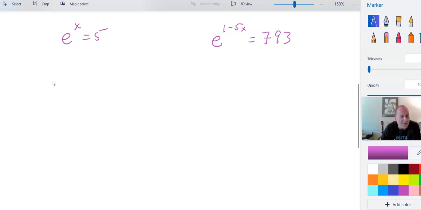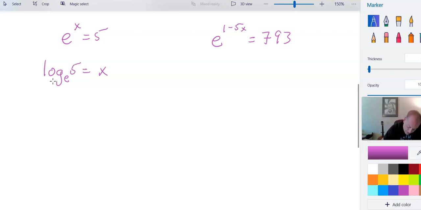Okay, I'm assuming you've played around with it. Now, the fact that this is an exponential with a base of e tells me that the way I'm going to solve this is by using the natural log. Once you get fast at these, you can just look at them and know some of these answers. Like this one, I know automatically this is the natural log of 5. If I take a log base e, it would be e to what power is 5.